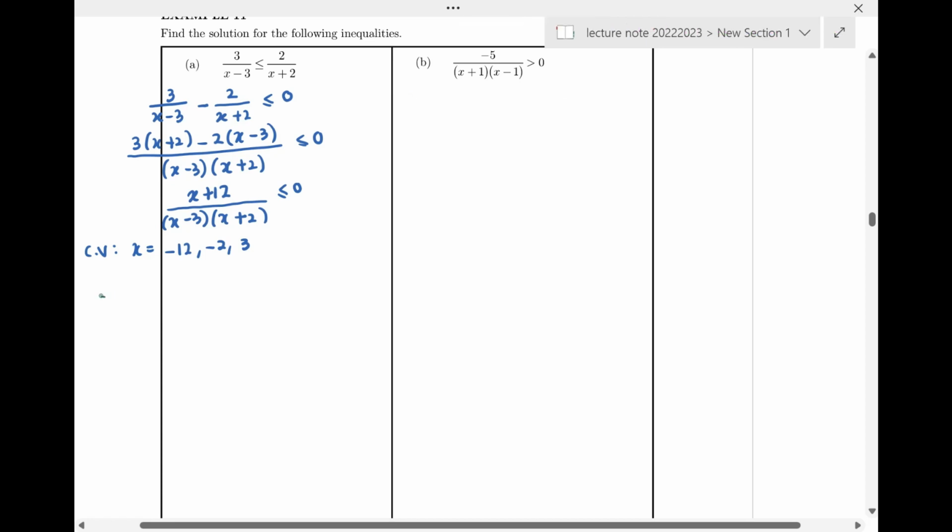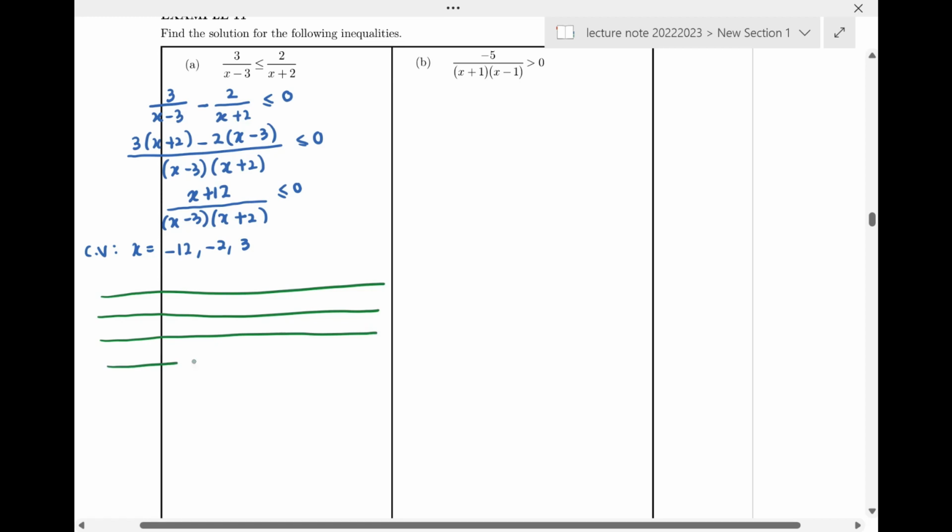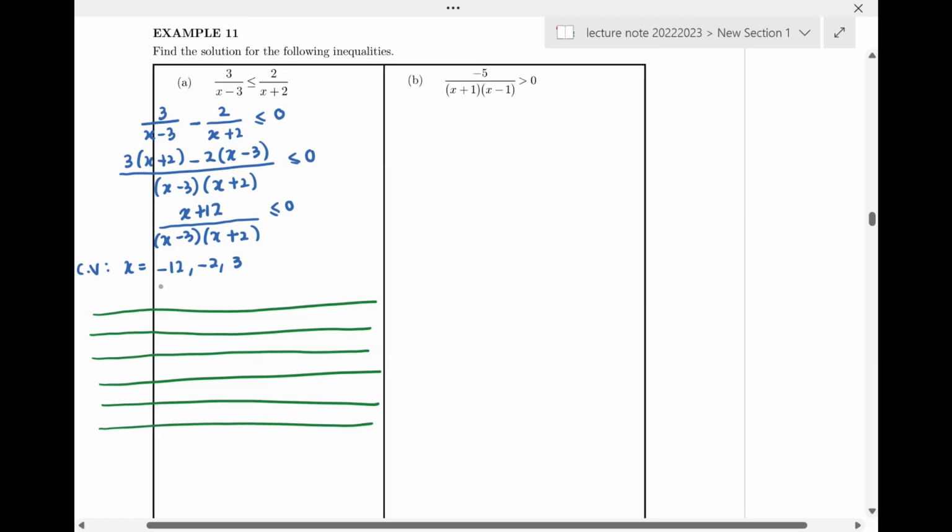So we have to draw a table. We'll be having our critical numbers according to the sequence.